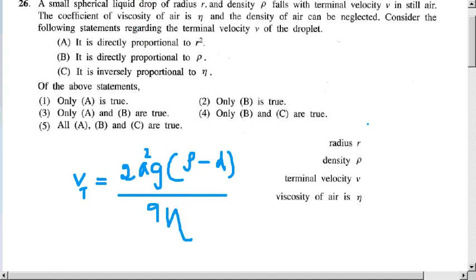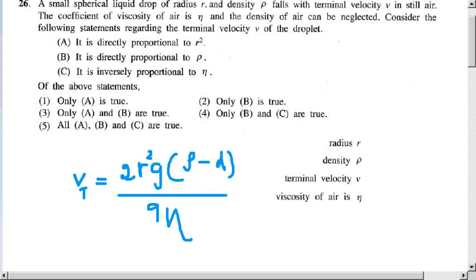Normally we write a for radius, but in this problem they have given it as r, so let us replace it by r. So we get the equation like this, with r squared.